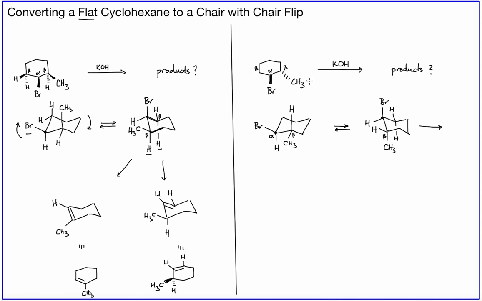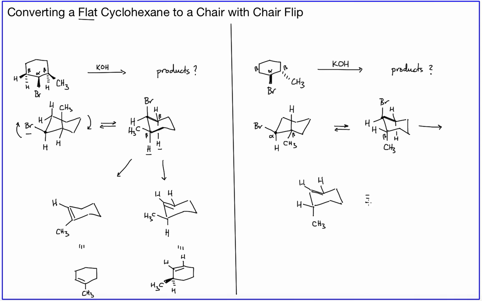So this starting material is only going to give one product, and that product is going to be elimination across this carbon-carbon bond here. So that's the carbon-carbon bond that's going to get the double bond. So we're ending up with the di-substituted alkene.